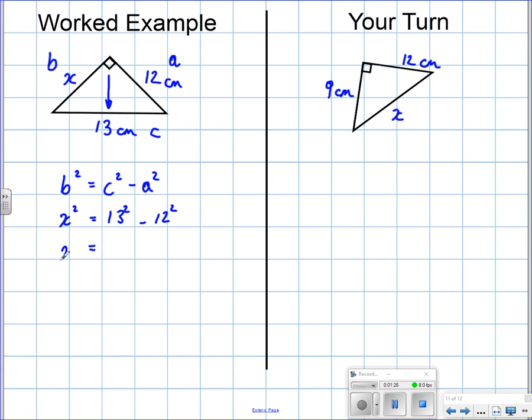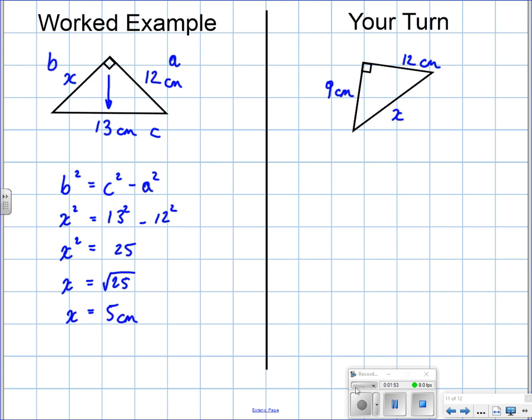And again, I can do this in my head. x squared then is equal to, well, 13 squared is 169, and 12 squared is 144. 169 take away 144 is 25. And just like previous examples, it's not x squared I'm looking for, it's x. So I need to take the square root of 25. And the square root of 25 is 5 centimeters.